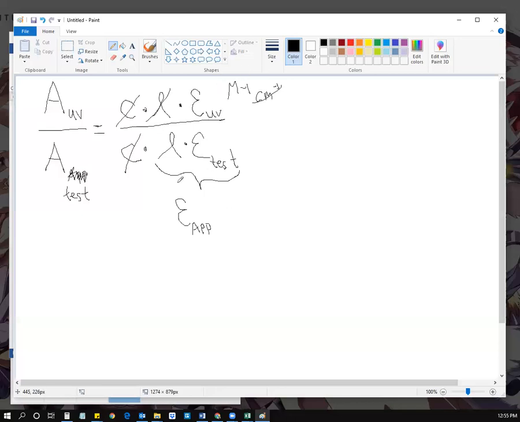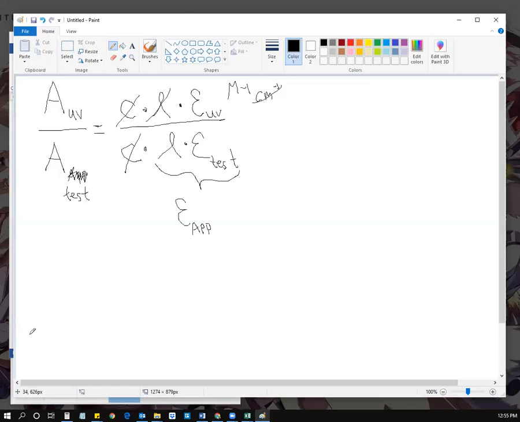It's just going to be per molar. So we can figure out what our apparent custom extinction coefficient is, because I provided UV absorbance values and test tube absorbance values, and also the DTNB UV extinction coefficient.